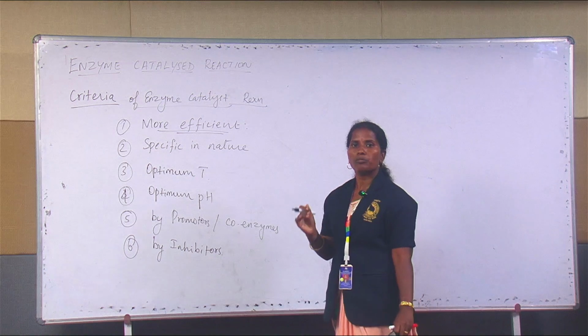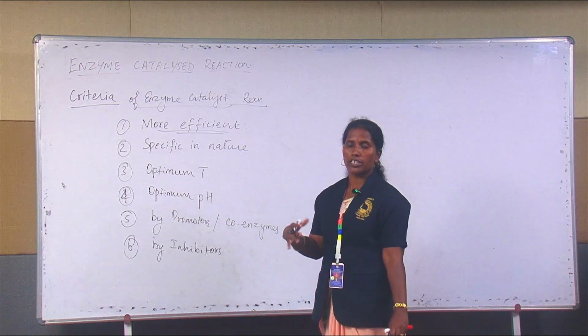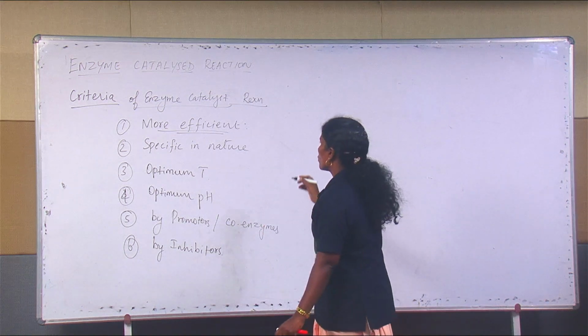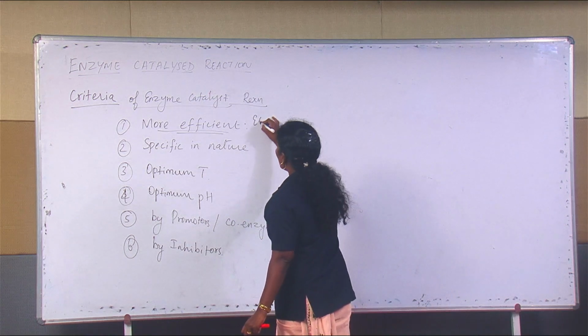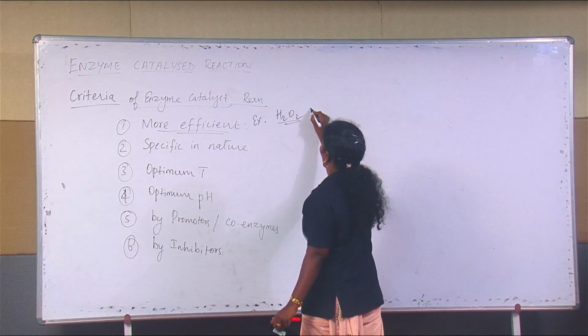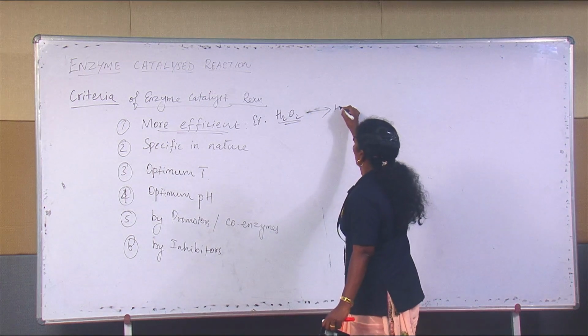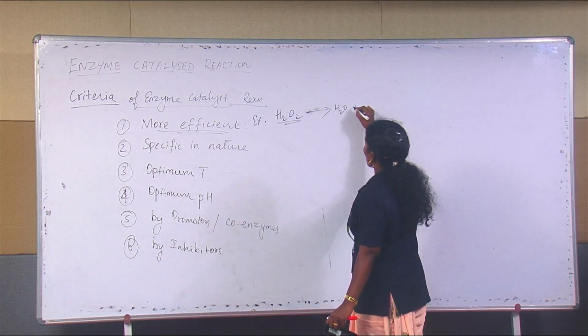Enzyme catalysts are more efficient than other types of catalyst, like inorganic catalysts. For example, hydrogen peroxide decomposition gives H2O plus oxygen.